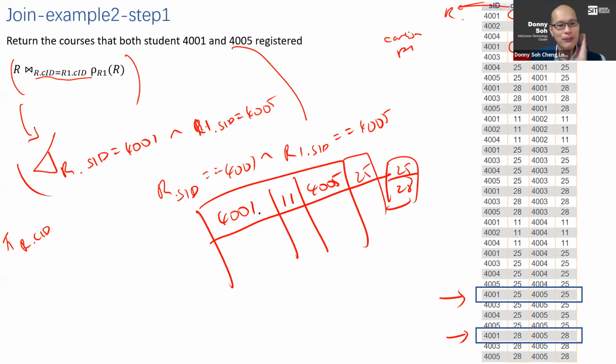Another question: can we combine the condition in step 1 with step 2? So step 1 is this one, and step 2 is a selection. Let me think.